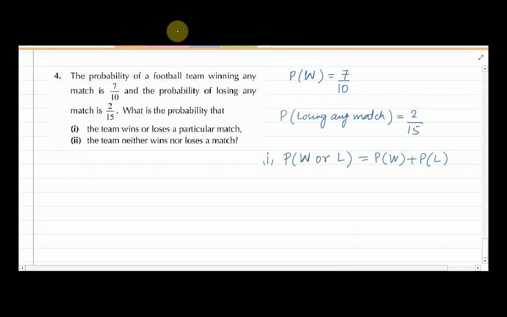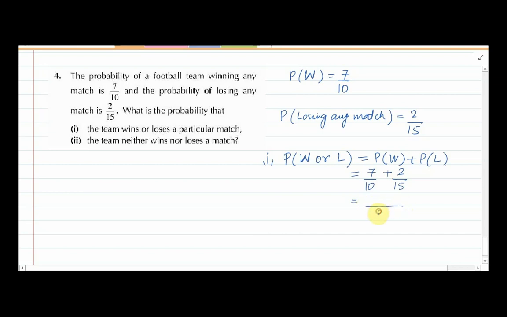So it will be probability of winning is 7 divided by 10 plus probability of losing is 2 divided by 15. Now we need to take the LCM, right? The LCM of 15 and 10 is 30.